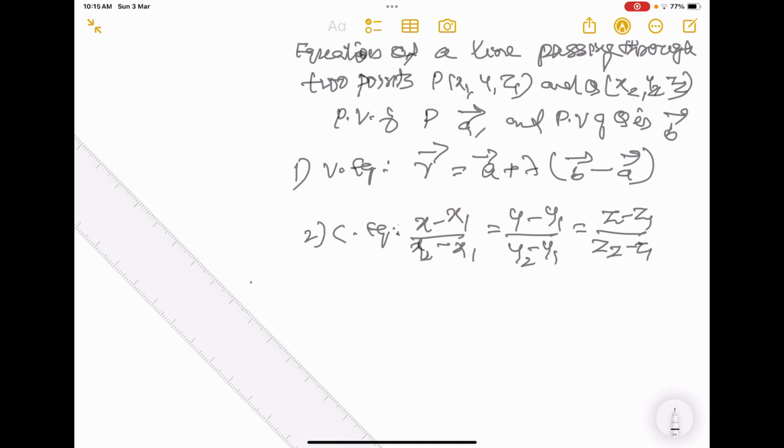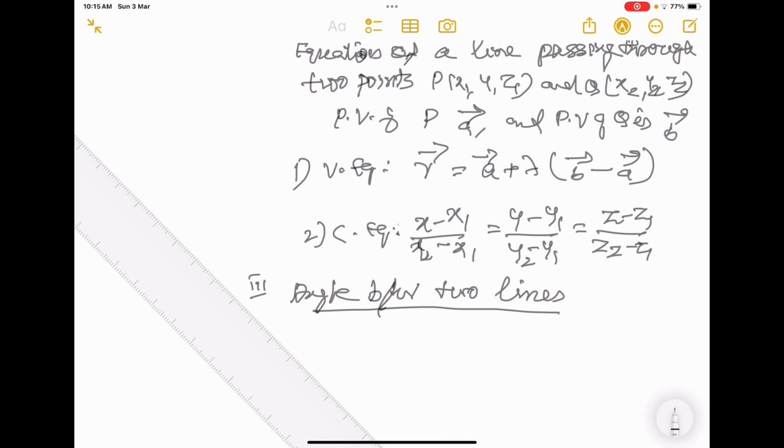Next heading: angle between two lines. There are two cases, vector form and Cartesian form.